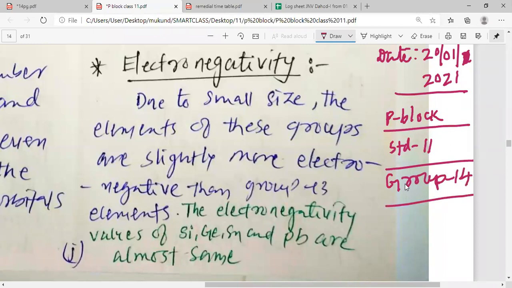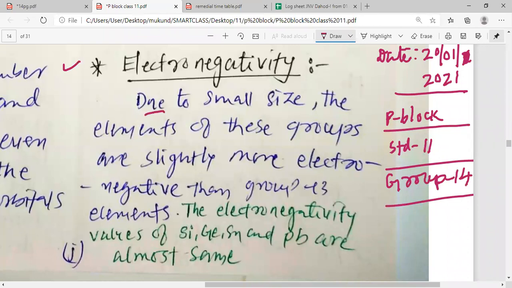We have been studying group 14 elements, and let us start our class with the revision of electronegativity, which is the periodic property of group 14 elements. So let's start the discussion about electronegativity.